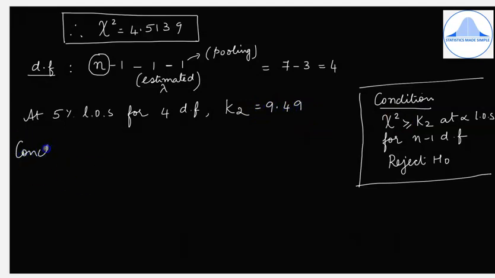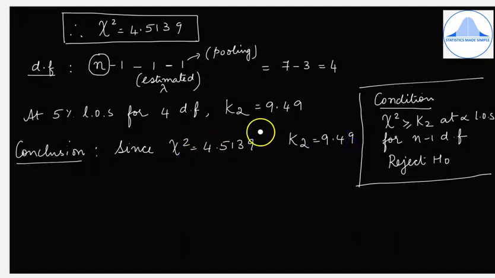Now the last part of the problem is to write the conclusion. Compare the value of chi-square with K2 and then write the conclusion. So conclusion: since chi-square is equal to 4.5139 and you know that K2 is equal to 9.49, check whether chi-square is greater than K2. You see that it is not greater than K2 at 5% level of significance for 4 degrees of freedom.